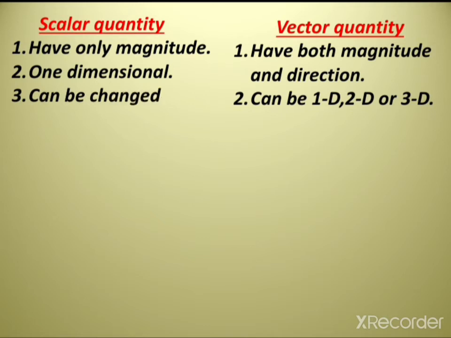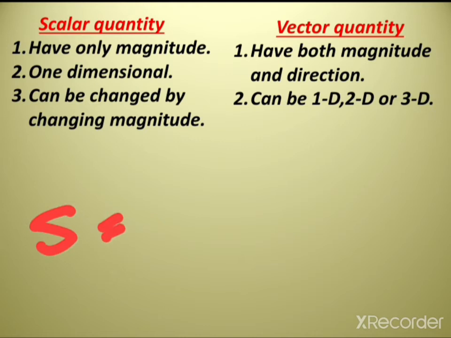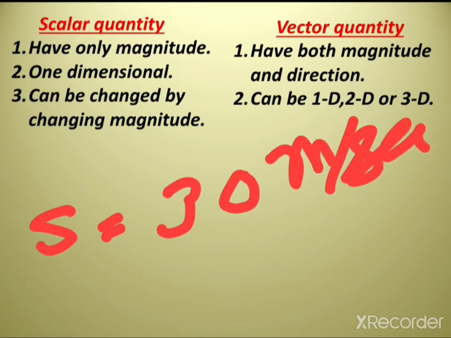Another difference is that a scalar quantity can be sensed by sensing magnitude only. So what is a scalar quantity? Suppose speed, in our earlier example, speed was 30 meter per second. So this is the magnitude. If you want to sense the speed of the moving body, then you have to just sense the magnitude.